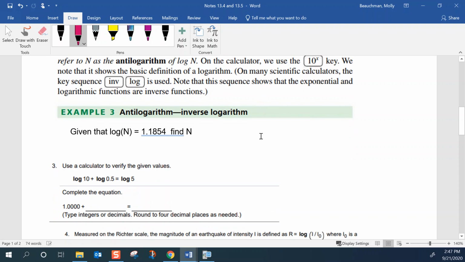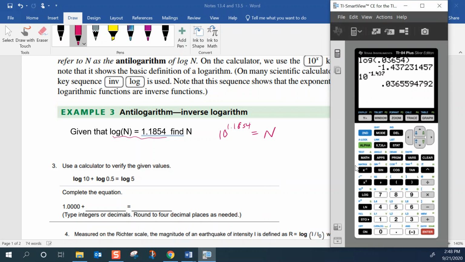Given that the log of n is equal to 1.1854, convert this to exponential form. This means that 10 to the power of 1.1854 is equal to capital N. So the antilogarithm means take 10 to the power; the logarithm, log base 10, is the power of 10.